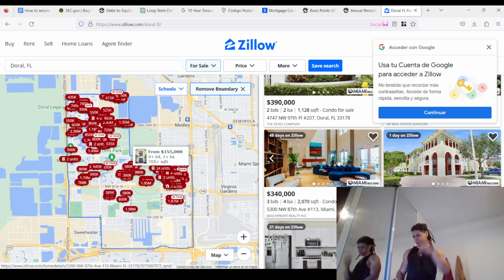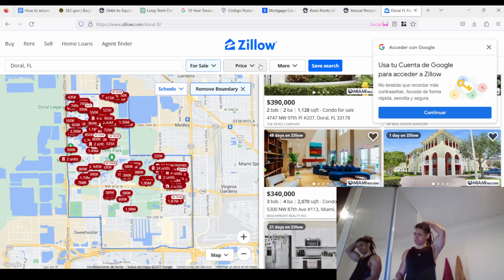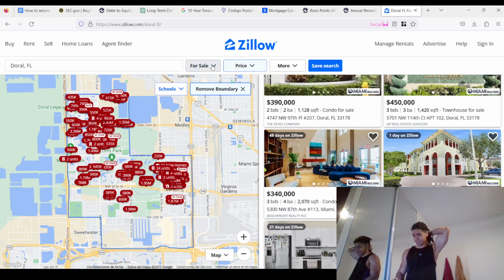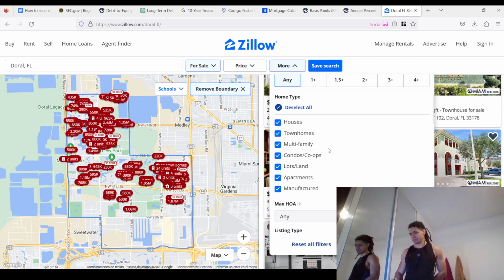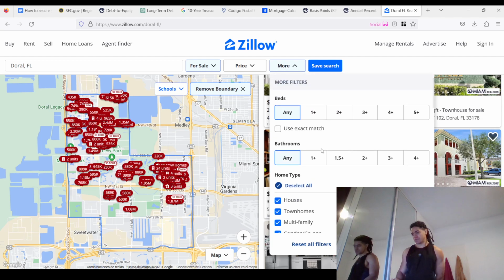So 40. But those are gigantic houses. What the hell? Why so gigantic? No man, it's too big, bro.